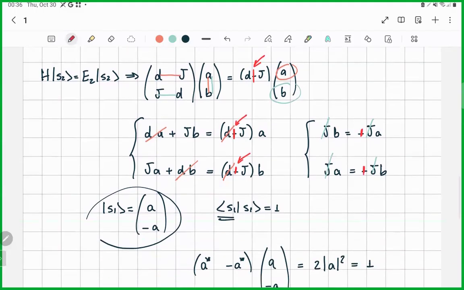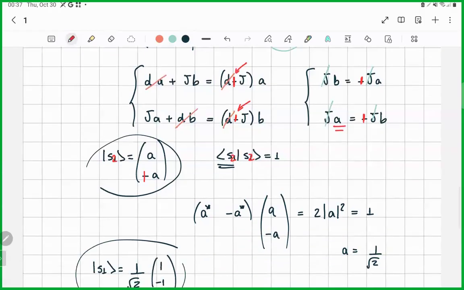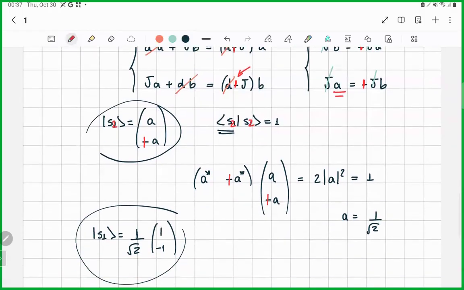Okay, so you see that the only thing that changes for S2 is that B is equal to A. Normalization is still true. So it's the same procedure. We get, again, 1 over square root of 2. So for the S2, we also have 1 over square root of 2, but 1, 1.